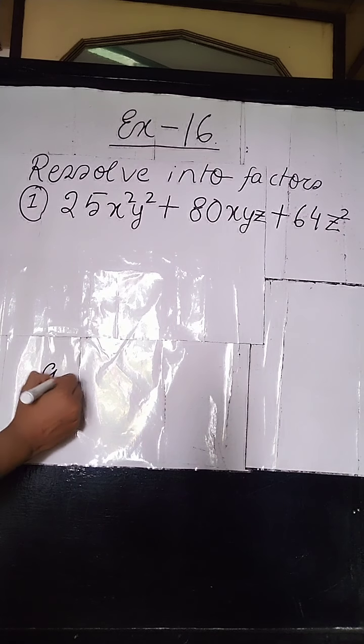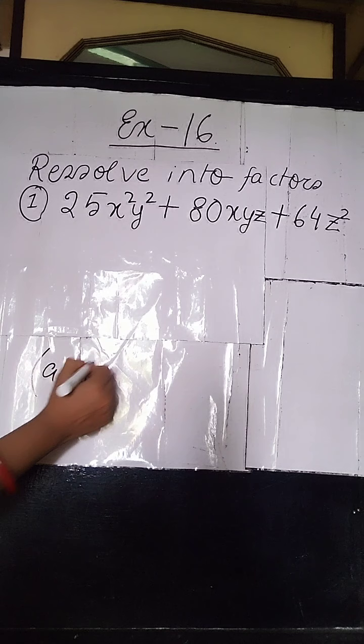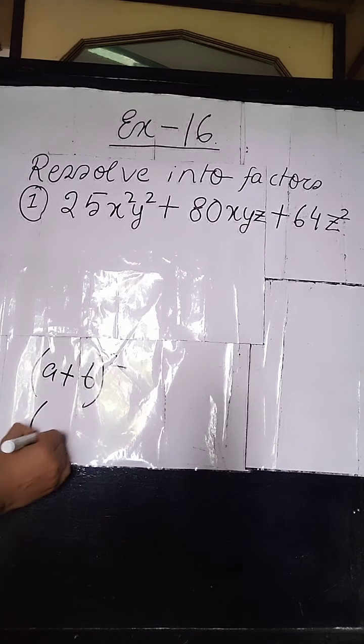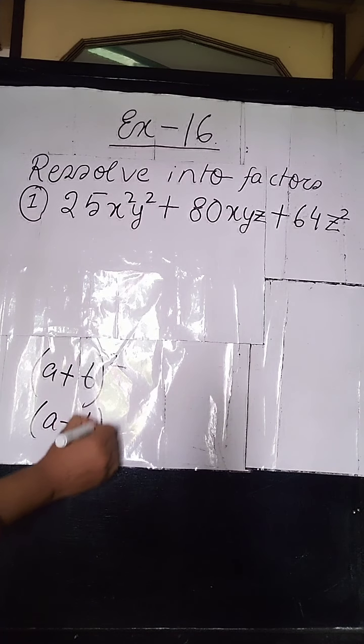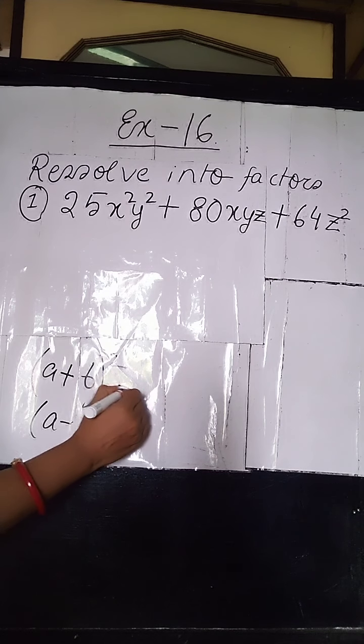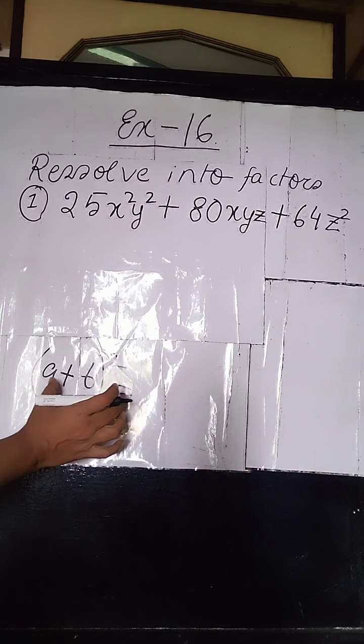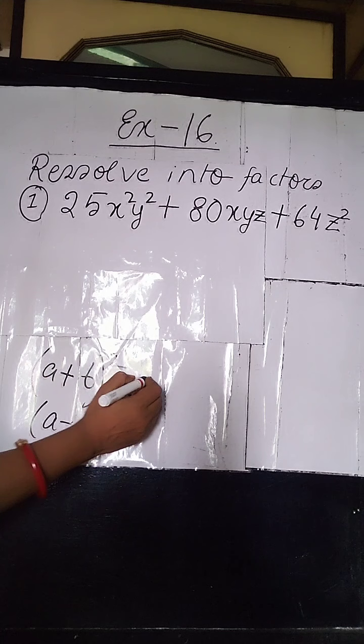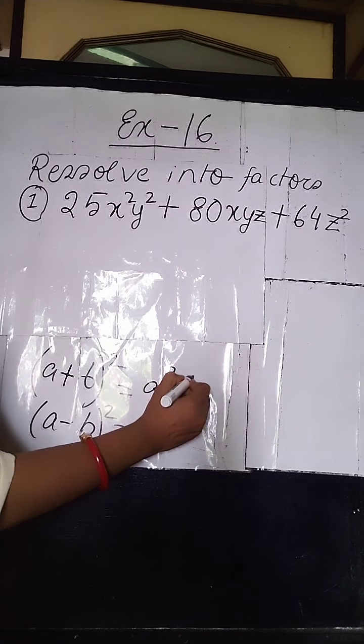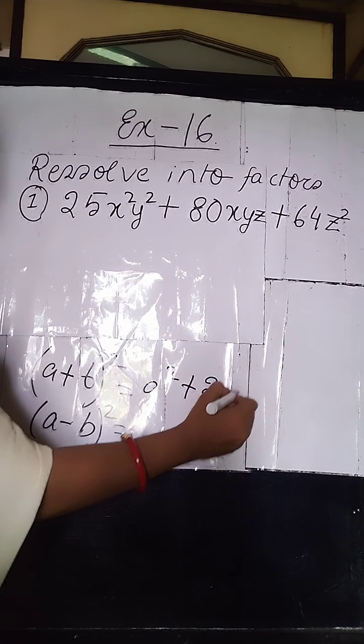Remember, the first formula that we have learned was a plus b whole square and a minus b whole square, from the chapter on formulas. Now what is the derivation of a plus b whole square? It was a square plus 2ab plus b square.